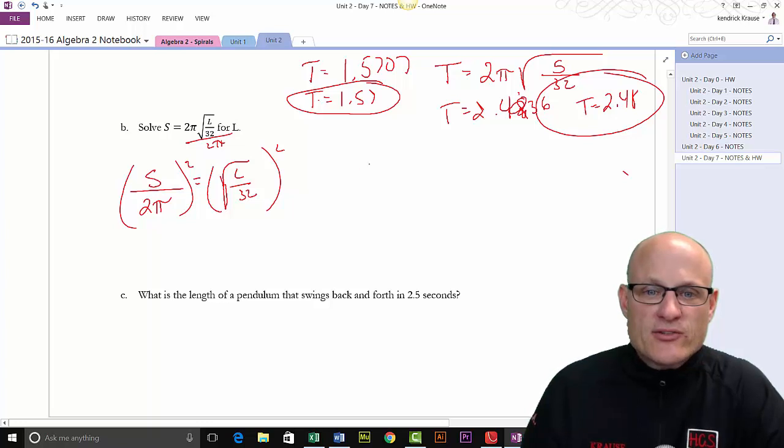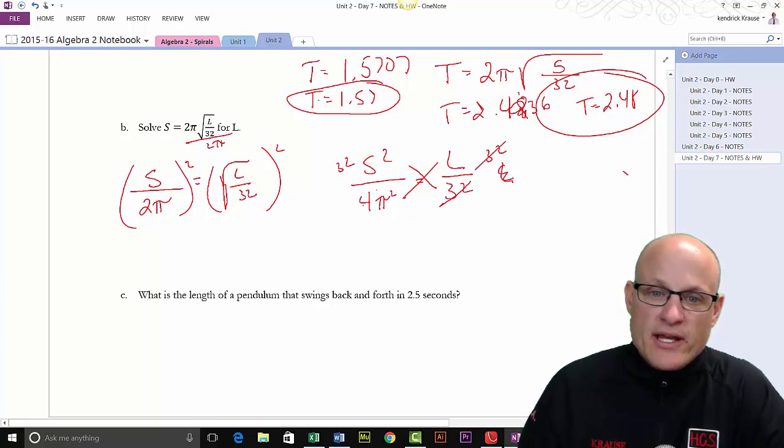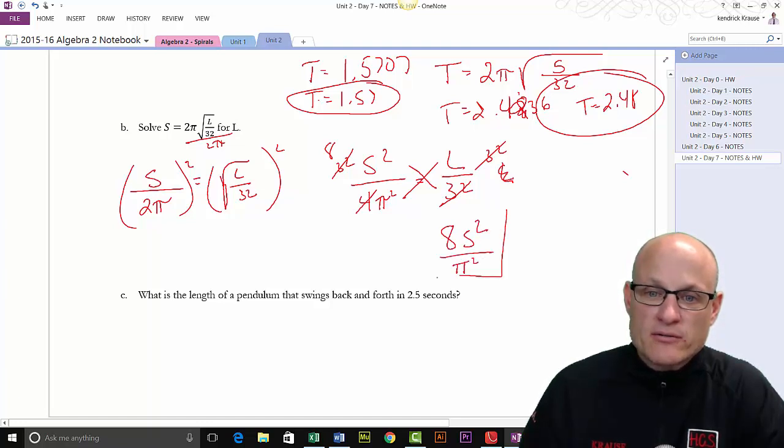So I get S squared over 4 pi squared is equal to L over 32. Then I'm going to multiply both sides by 32, because that gets rid of this 32. And then 4 goes into 32 8 times. So I get 8 S squared over pi squared.